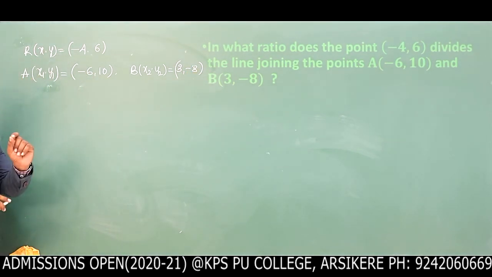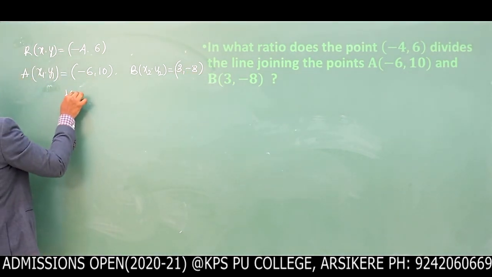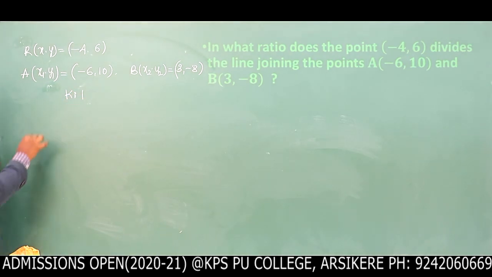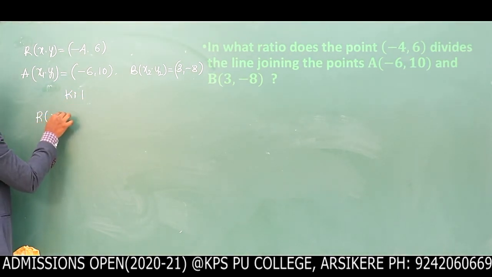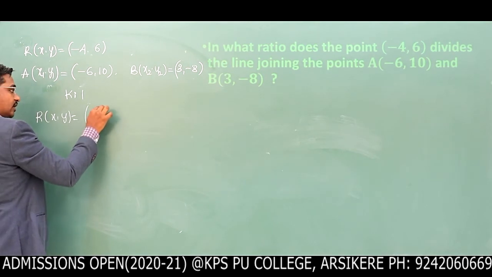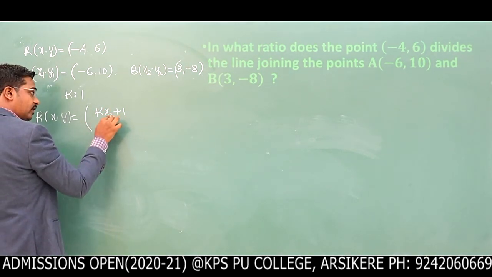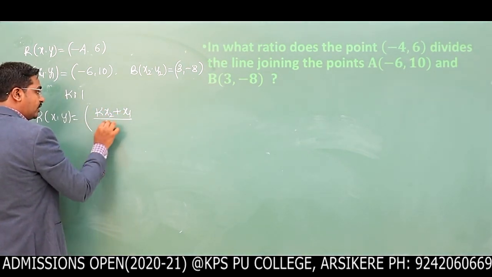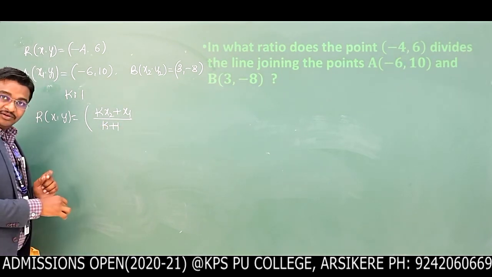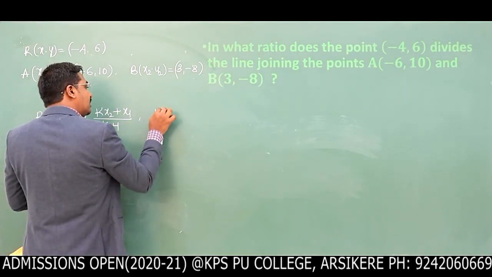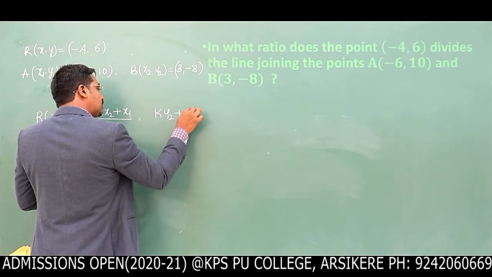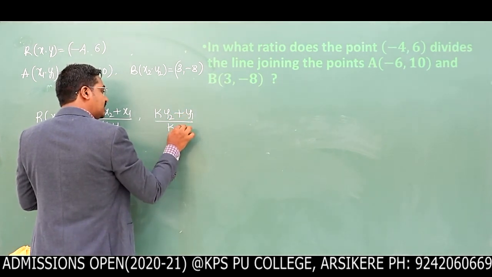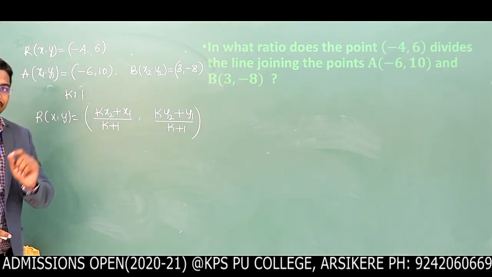Okay, now what is the formula? m is to n becomes here k:1. So r of x comma y is equal to kx2 plus x1 divided by k plus 1. Very good. And the second point is ky2 plus y1 divided by k plus 1. Now substitute all the values.